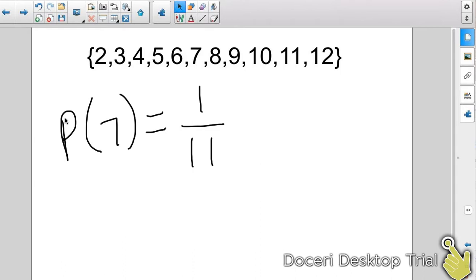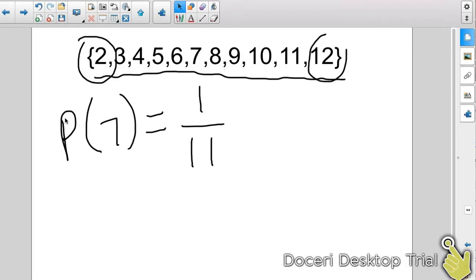Now, that really doesn't make sense because we know that's wrong. But this is a misapplication of the empirical probability rule. The problem is, in this sample space, the set of all possible outcomes, some of these numbers do not have the same likelihood of occurring as others.